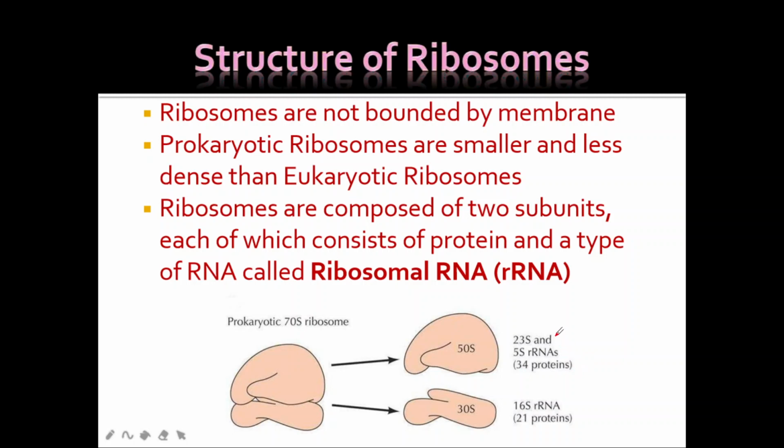Please learn these parameters: in 50S how much RNA and how many proteins are present, and in 30S, 16S rRNA and 21 proteins are present. Understand this bifurcation and keep it in mind for further examination.